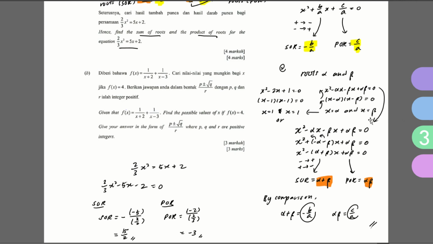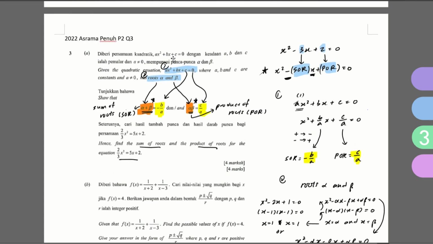Now you may be wondering why, when we are pulling out the SOR, we need to change from negative to positive or positive to negative. The reason is because here. When we are trying to find the SOR, you can see that the things inside here, without pulling out the negative, is actually not the SOR. Because the SOR, if the roots are alpha and beta, should be alpha plus beta.